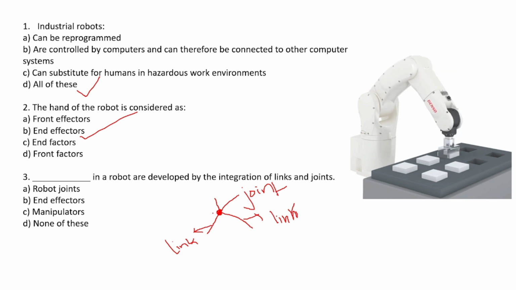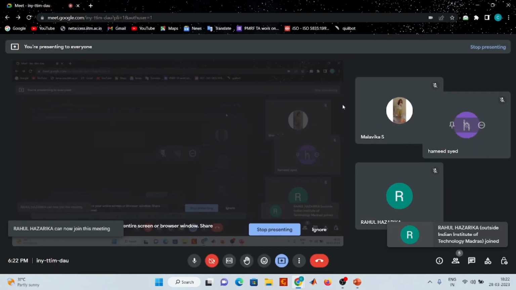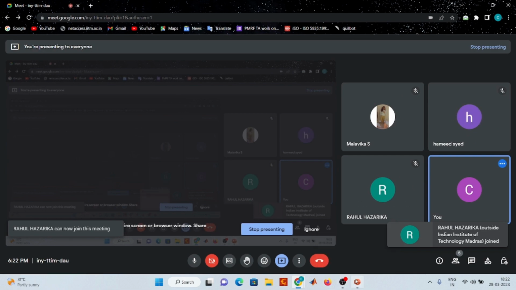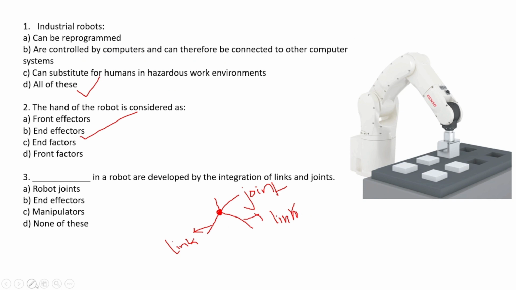So here, the fill in the blanks: in a robot, are developed by the integration of links and joints. The right option will be manipulators, right?